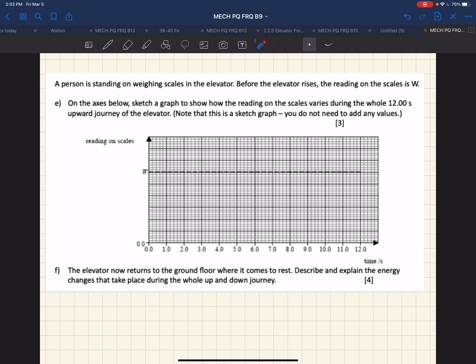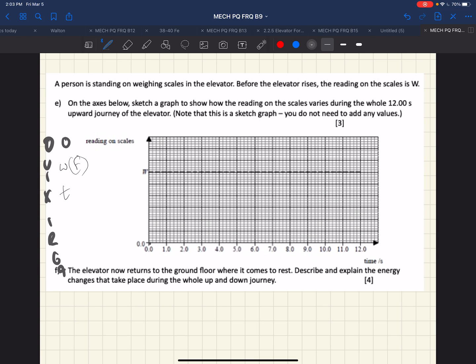And now we have a graph of weight versus time. So if we were to do an analysis on this, the origin is 0, 0, good. The y-axis is weight, which is a force. The x-axis is time, and the intercepts.